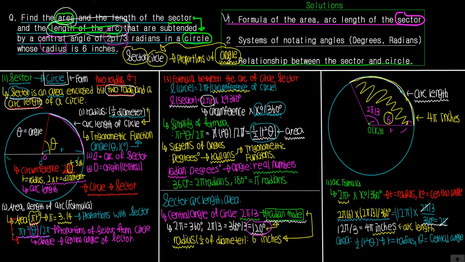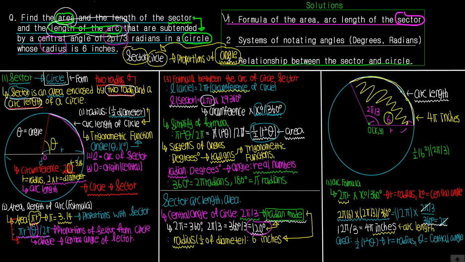Applying our formula: 1/2 times 6 inches squared, which is multiplying it by itself, all times theta, which is 2 pi divided by 3.